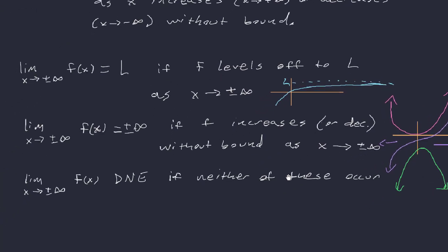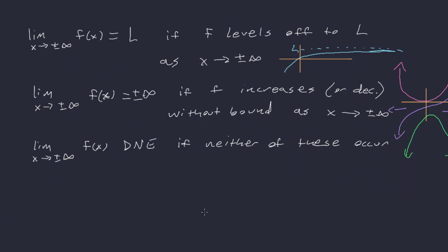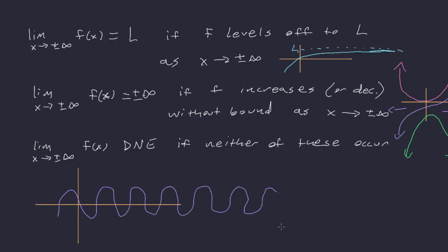And then the third possibility is basically the limit could just not exist. There are quite a few ways we could make that happen, but we could have, say, a function that just oscillates like sine or cosine. It never levels off, nor does it blow up.